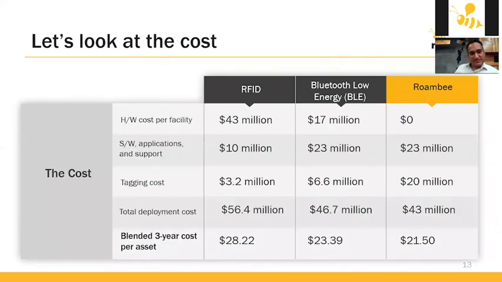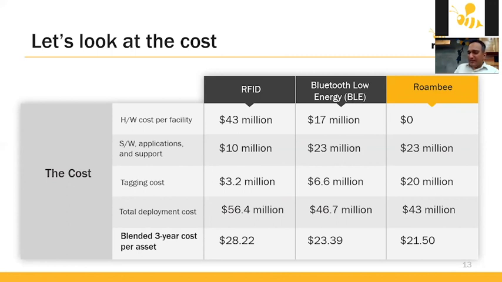But back to the cost of tagging, it is a little more than your RFID or Bluetooth stickers, because the sensors need to be attached in the right fashion to your assets, because they're slightly heavier. And we also have some features like a light sensor at the back, which can tell you that it's been attached fine and things like that.